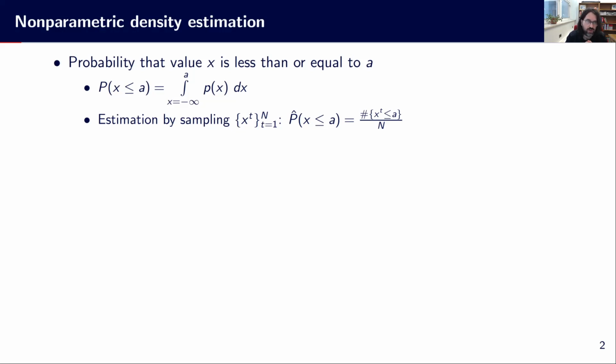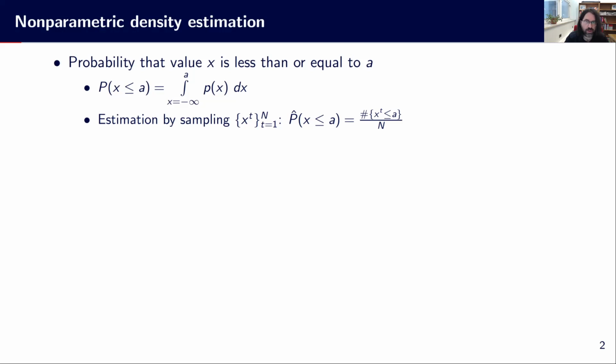So let's assume that we have a dataset in one dimension for the example, of n points. So we have x1, x2, x3, up to xn. This is the set of points xt, with t from 1 to n.